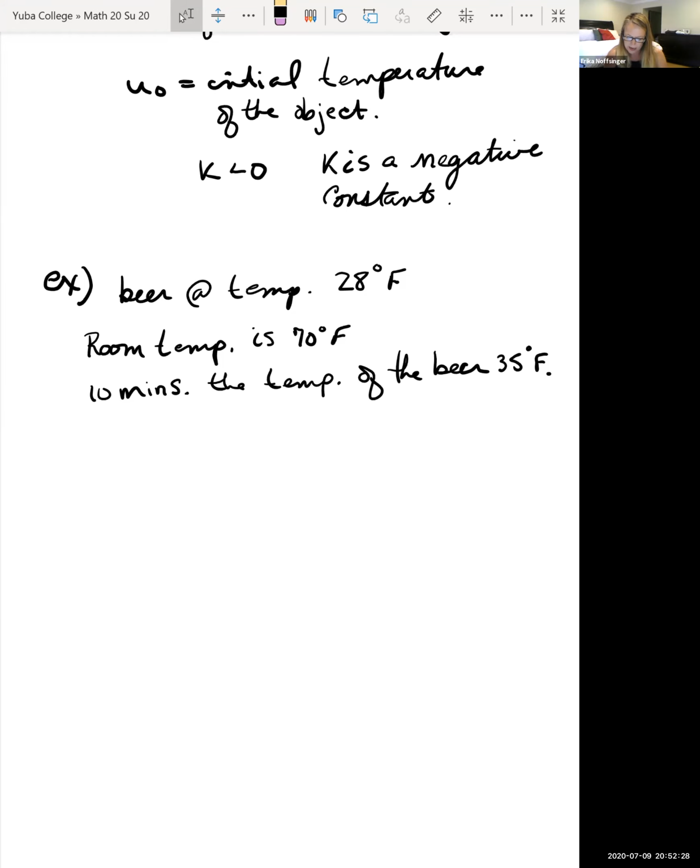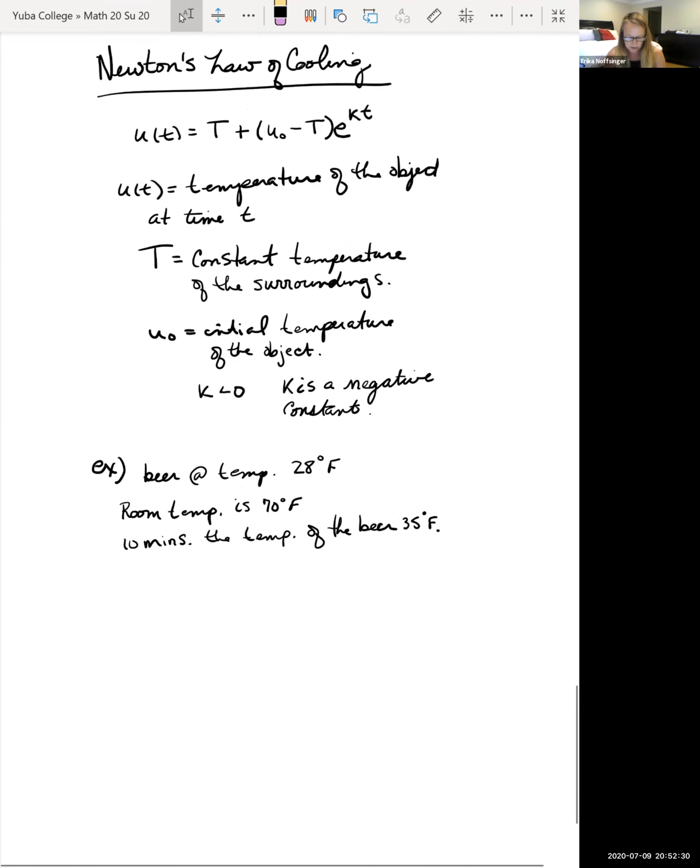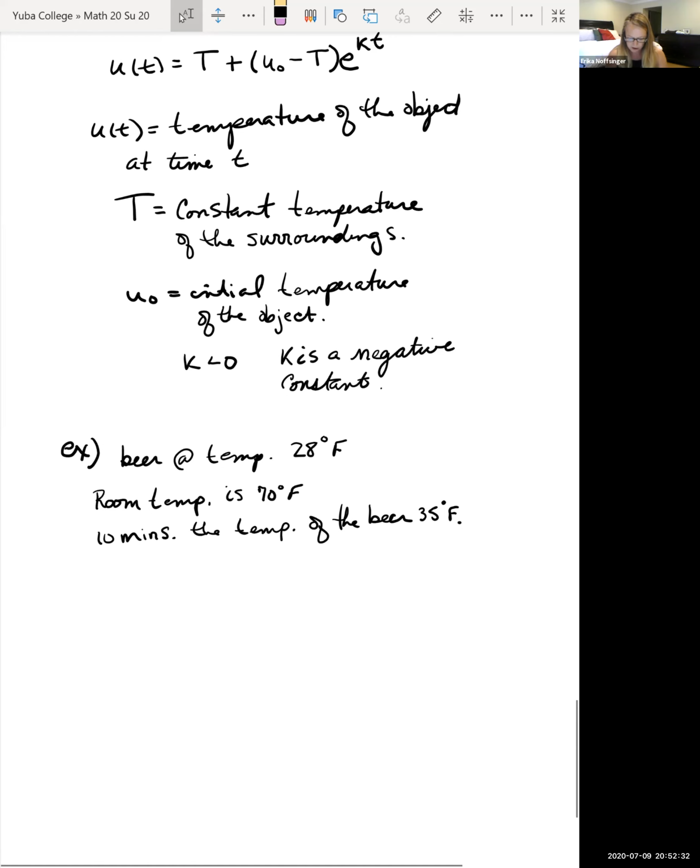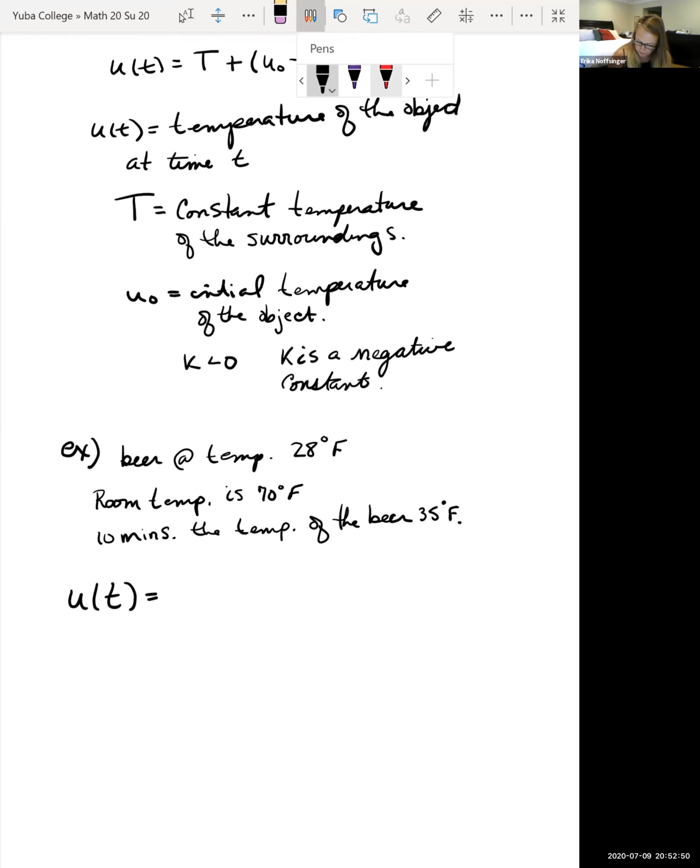Going back up to Newton's law of cooling, the temperature of our beer, let's just call it u(t), is equal to capital T, our surrounding temperature. Our surrounding temperature was 70 degrees, so we're going to put 70 in here.